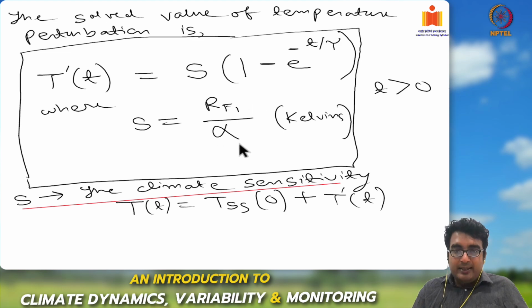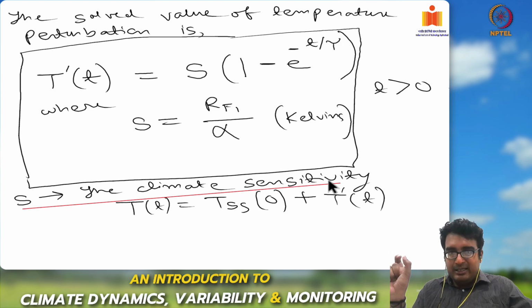So these two together produce the unit of S to be Kelvins. Alright. And this S is called the climate sensitivity. So the ratio of the radiative forcing constant term in this case divided by the climate feedback parameter alpha is called the climate sensitivity. So we will see why we are calling it climate sensitivity soon.